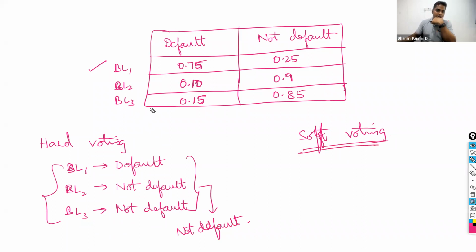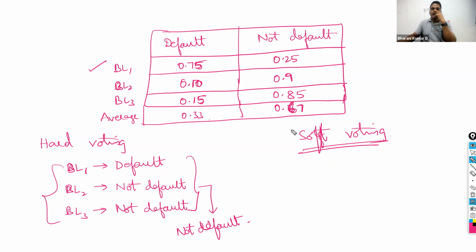If I apply soft voting, what it does is it is going to take an average. What is the average of these three going to be? Anyone? 0.33, right? Agree? Here, what will be the average? 0.7 approximately, or 0.67 to be precise.